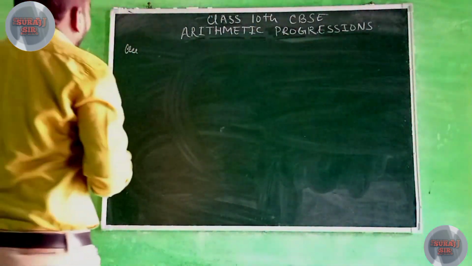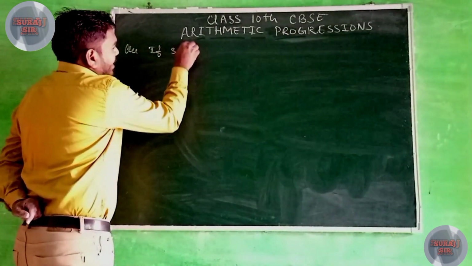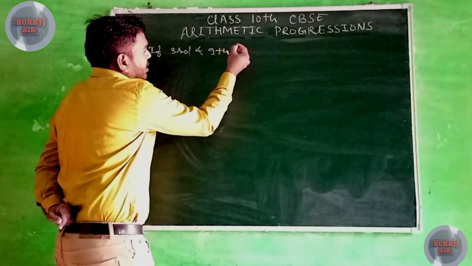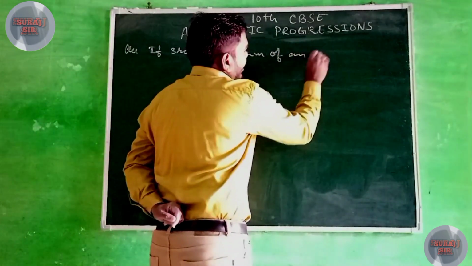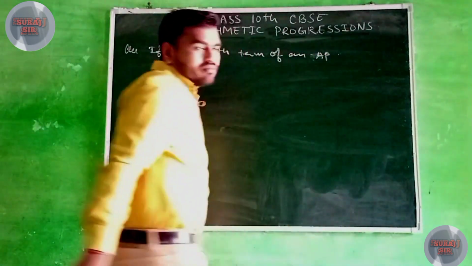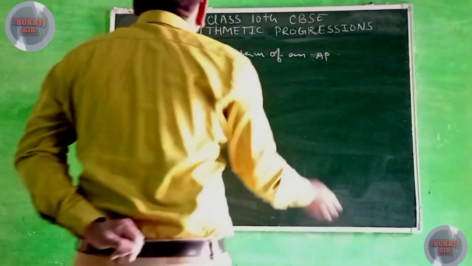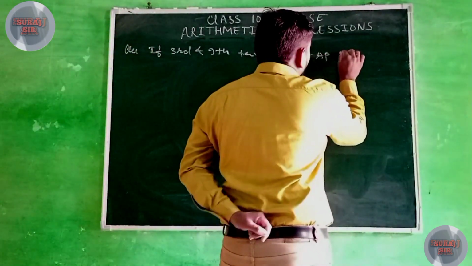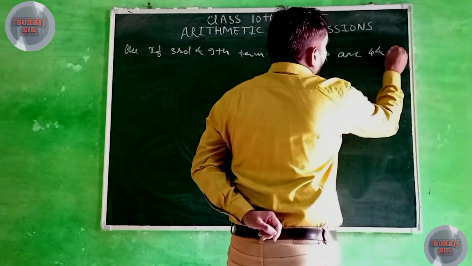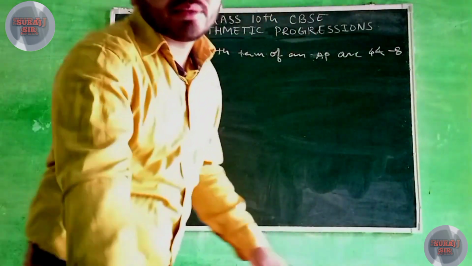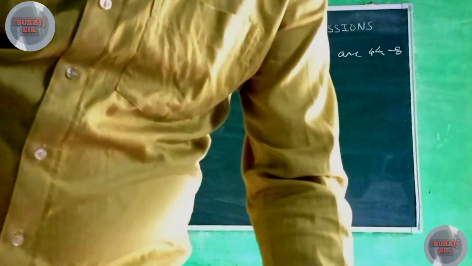If the third and ninth terms of an AP are 4 and -8 respectively, which term of the AP is 0?